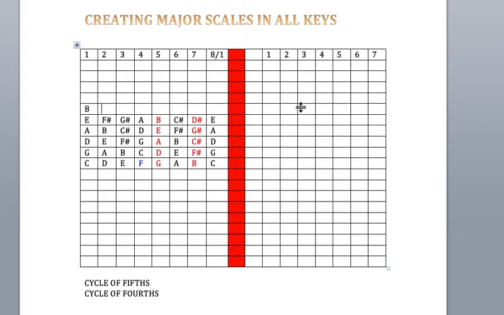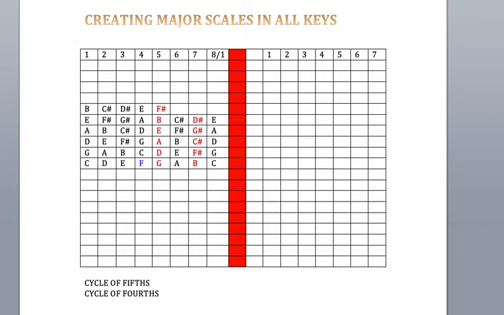So B, C sharp, D sharp, E, F sharp, G sharp, A, and B. Now we have to sharp this A here to create our major scale.